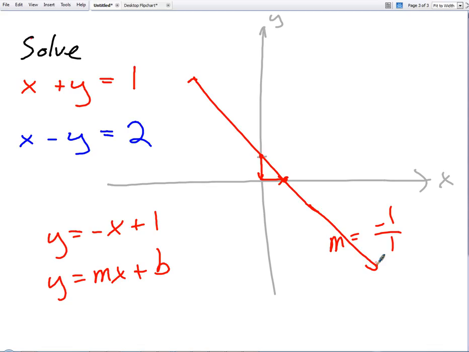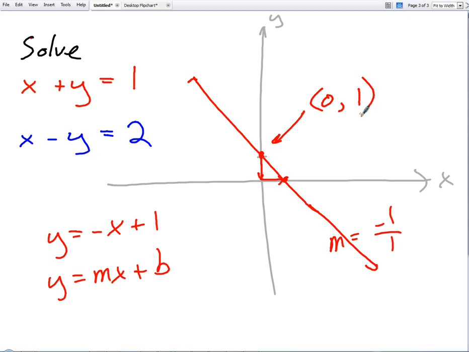Now, okay, if I want to find a solution to that red line, what's that mean? That's one example of a solution. If I take the point where it crosses the y-axis, that has coordinates x equals 0 and y equals 1.